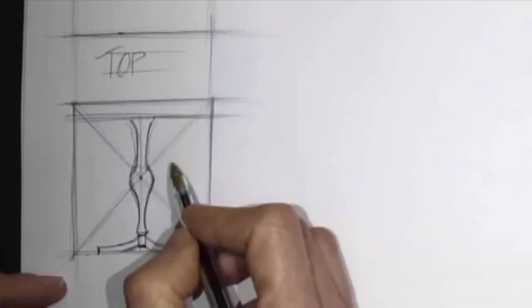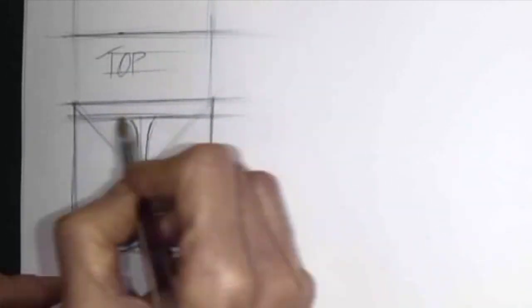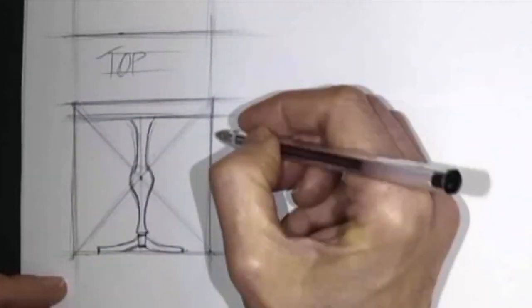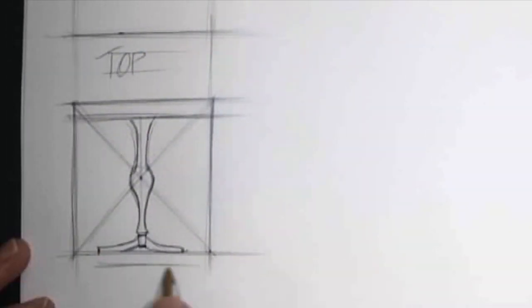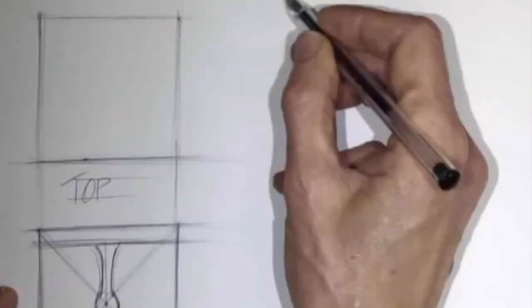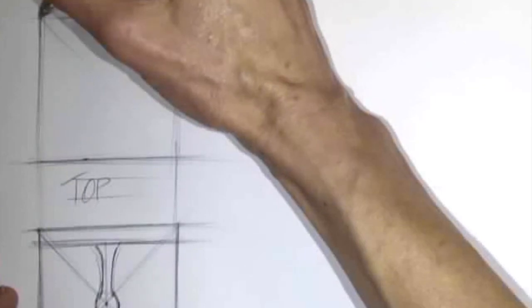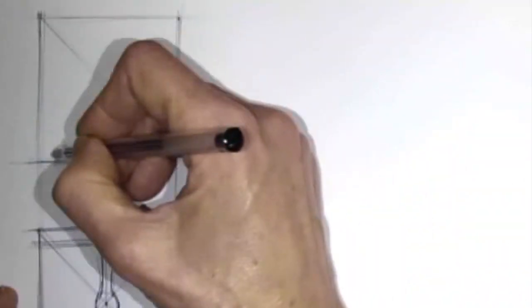Now, we don't show any perspective here whatsoever. Top has nothing, but let's put something. You never put a table in without putting things on top of it.